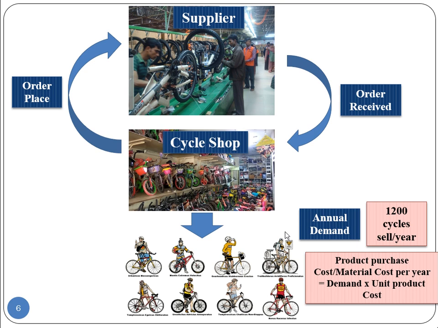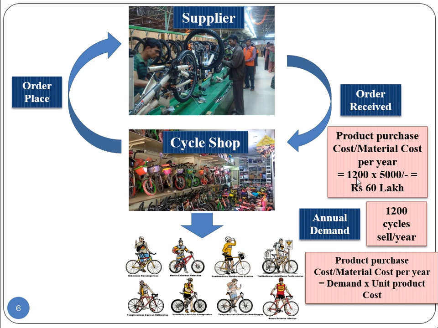Suppose in that case the product or material cost, if we want to calculate, that means the demand into the unit cost. Suppose the demand is 1200 per year for the cycle, and each unit of the cycle costs 5000 rupees. That means the product cost is 60 lakh rupees.